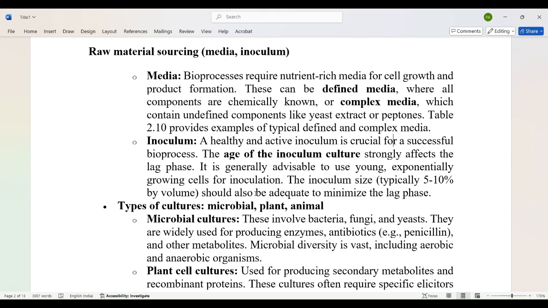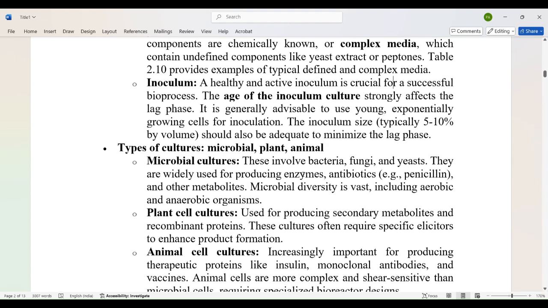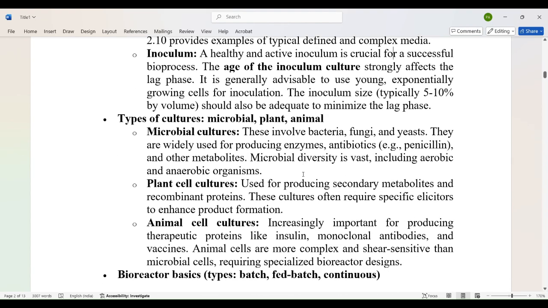So if I have a larger number of bacteria, I will get my desired product in a very short span. This is the beauty of it, and we need to take care of such parameters while designing our bioprocess.